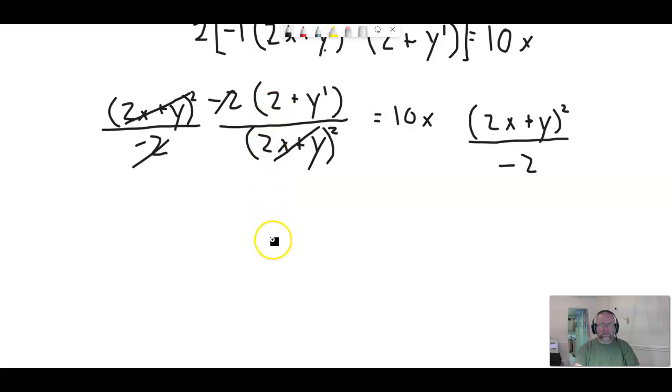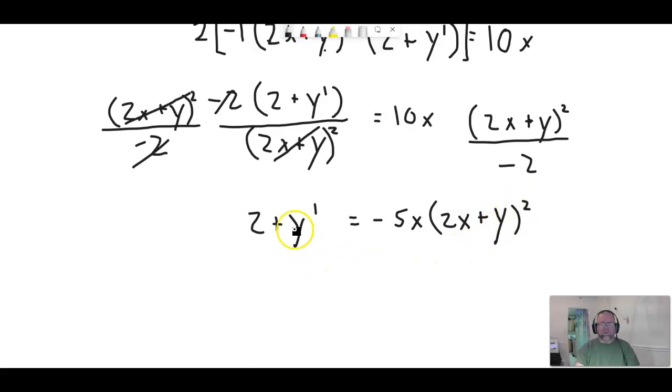So on the left-hand side, now all I'm left with is 2 plus y prime. And on the right-hand side, we can divide the 10 by negative 2. So that's going to be negative 5x times 2x plus y quantity squared. And I'm almost done.